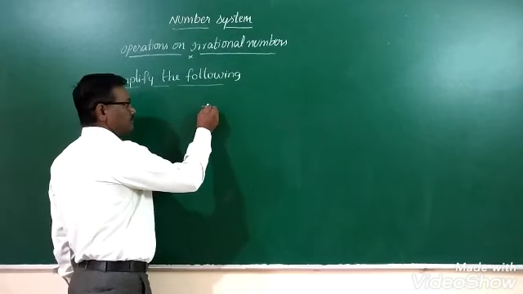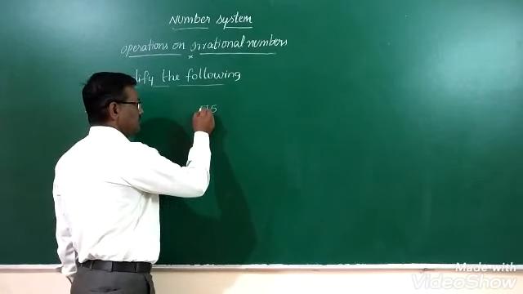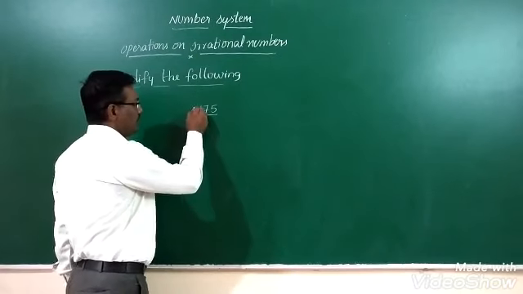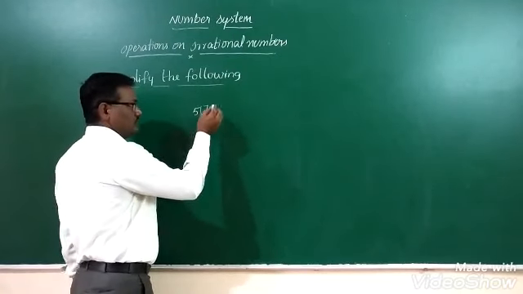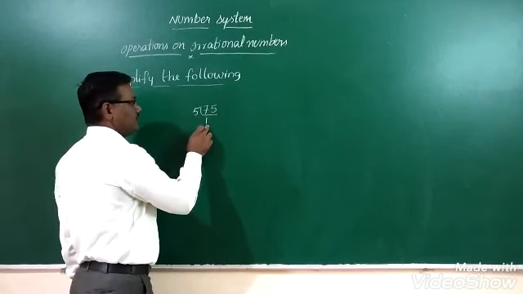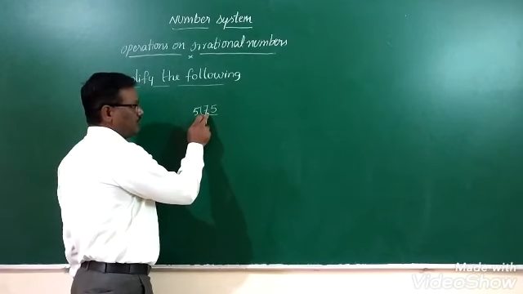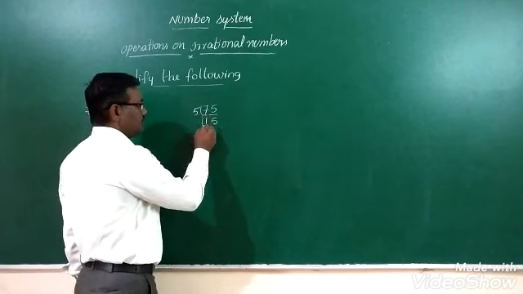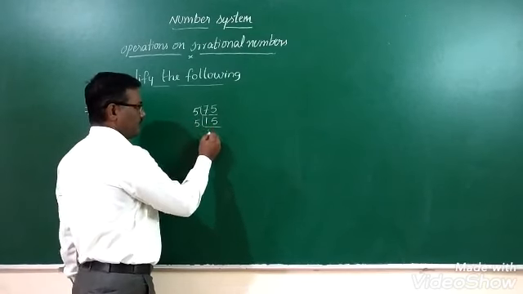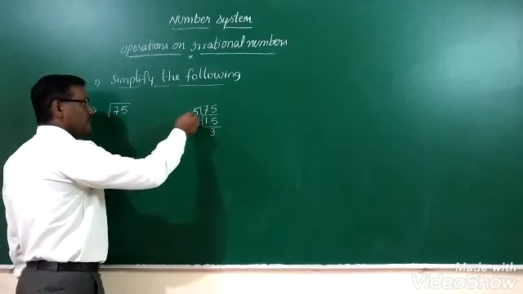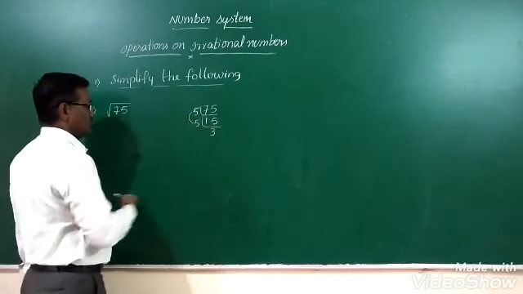Here we can simplify the 75, means we can find the prime factors of 75. I am going to take 5 because the units place contains 5. 5 ones are 5, remaining 15. 5 threes are 15. So, which we have a pair, that is 5 square.